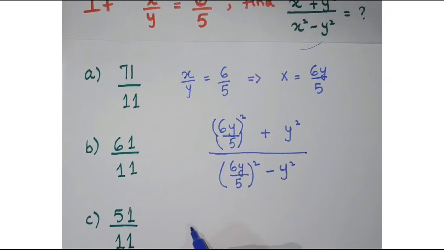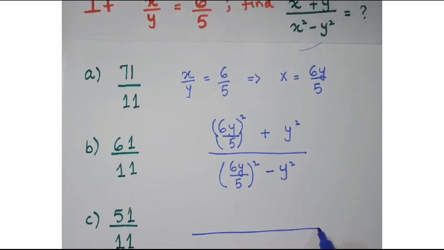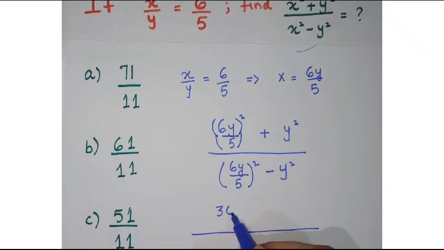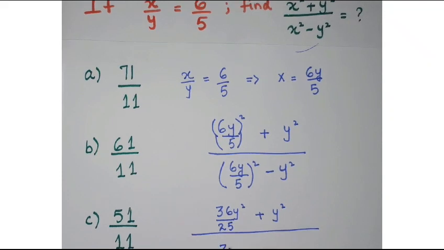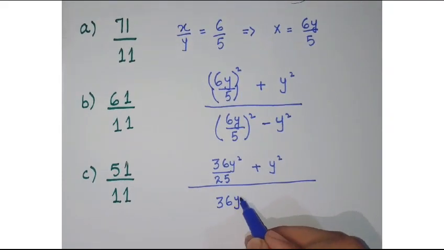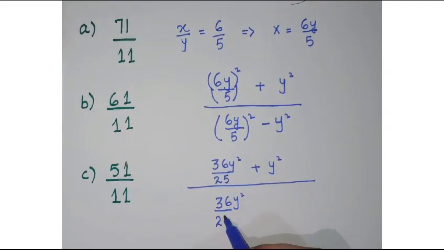Further you can simplify it as 36y square upon 25 plus y square upon 36y square upon 25 minus y square.